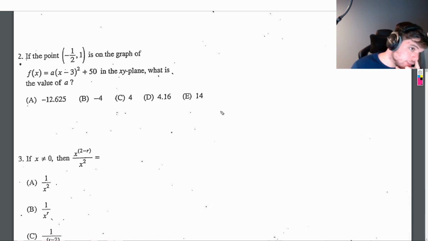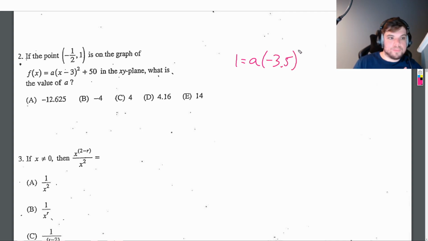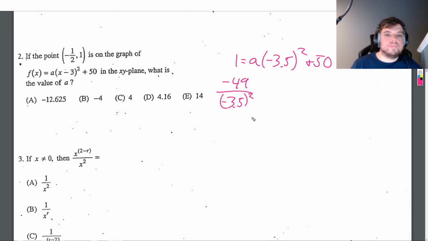By that first statement, we know that 1 must equal A times negative 1/2 minus 3, so negative 3.5 squared, plus 50. So 1 minus 50, negative 49, divided by negative 3.5 squared. That's A. So we're looking for the value of A.